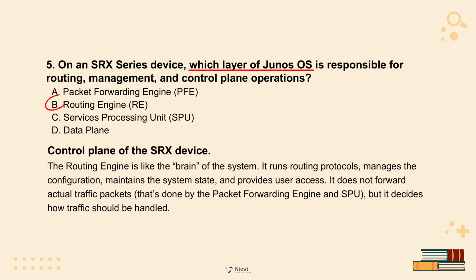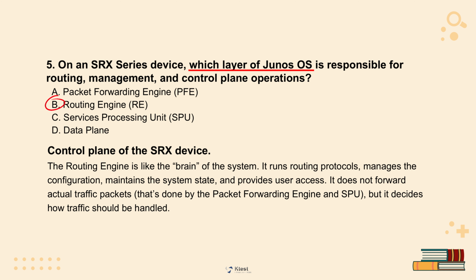Same if the SPU gets hammered, it doesn't necessarily stop the RE from managing the box. And three, security itself. Isolating the control plane, RE, from the data plane, PFE and SPU, reduces the attack surface. An attack hitting the data path doesn't automatically compromise the device's brain. It helps keep the device manageable even under pressure. That architecture makes a lot of sense. Resilience, performance, security, all tied to that separation of duties.